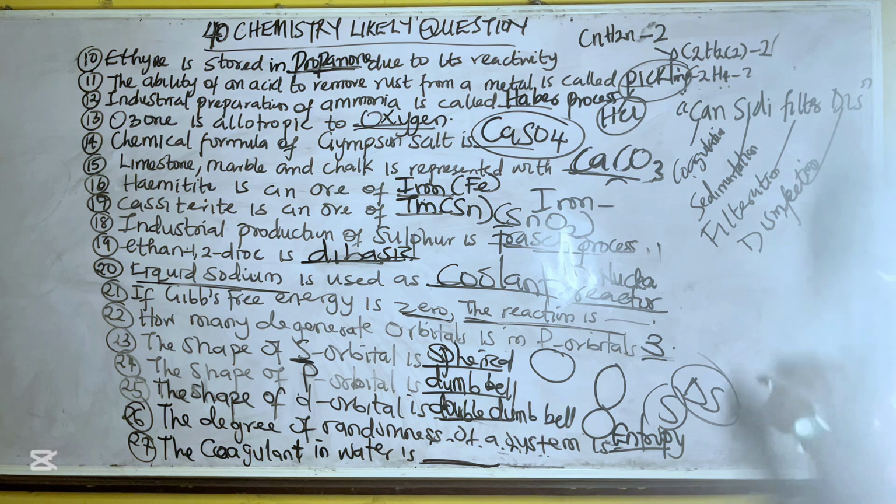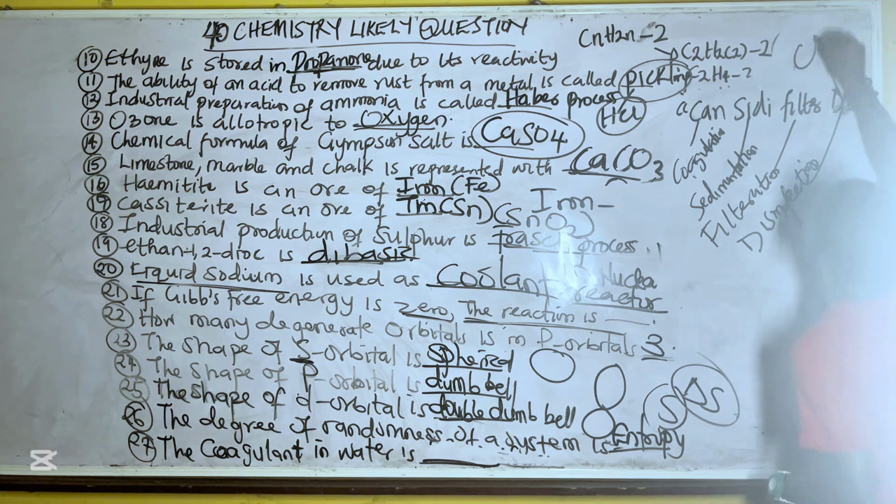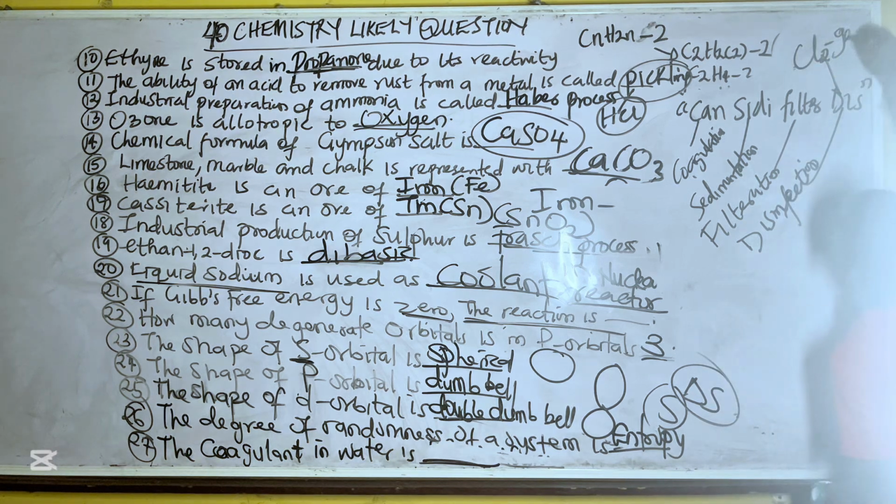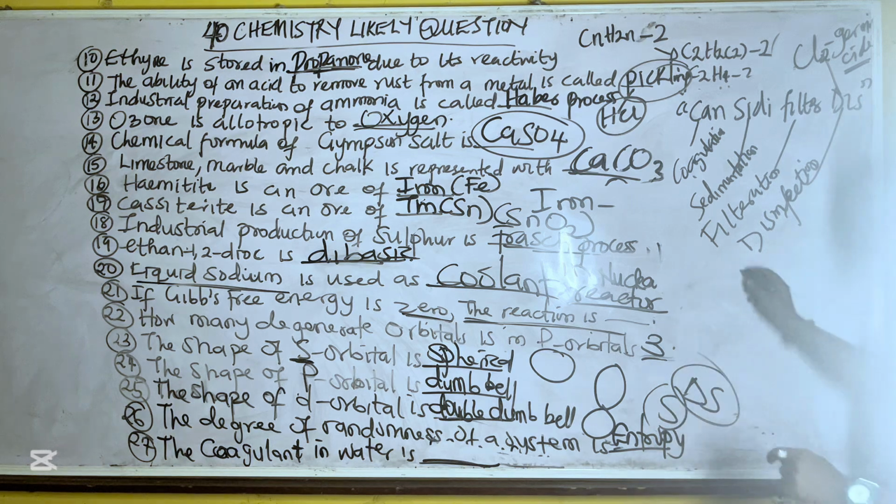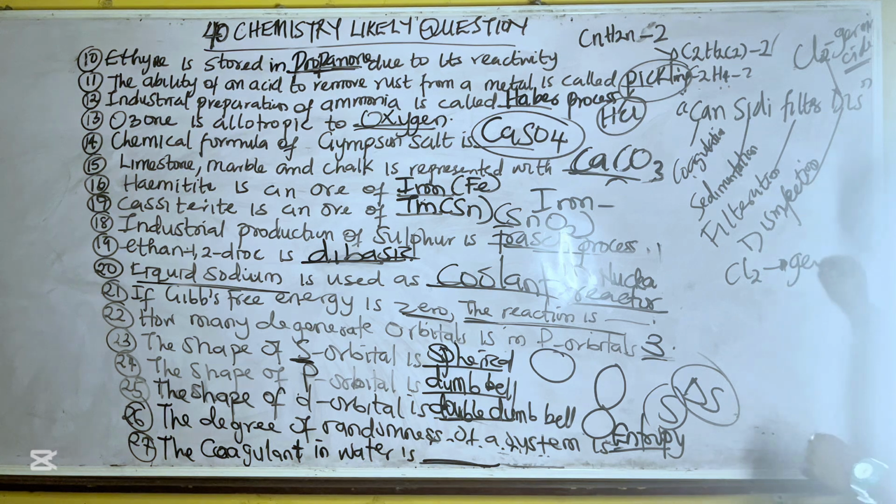Now, you must never forget that that's why they use chlorine as germicide to kill germs. There are 3 halogens that are very important. The first one is chlorine gas, used as germicide.